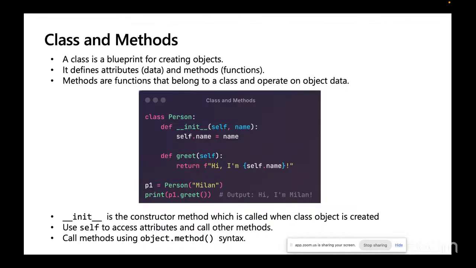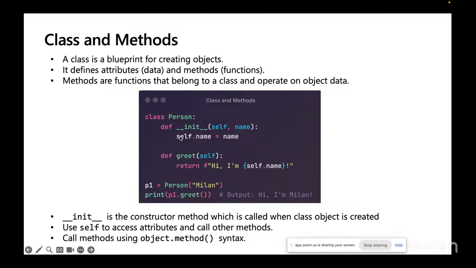So these attributes and methods can be either private or public, right? So how you create a class is class, then class name. It is always a best practice to put the first character of a name as a capital, right?